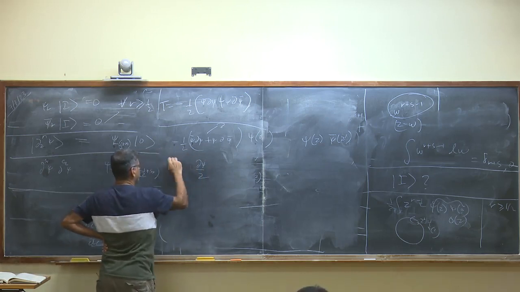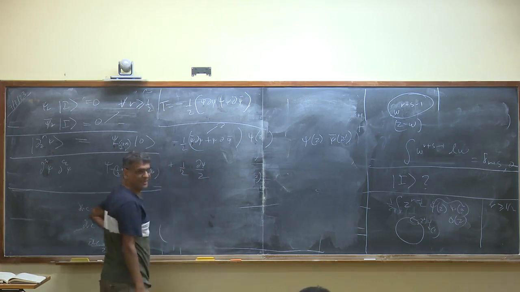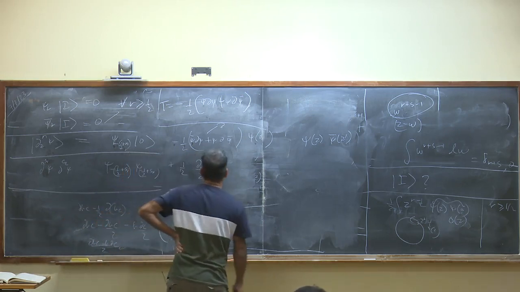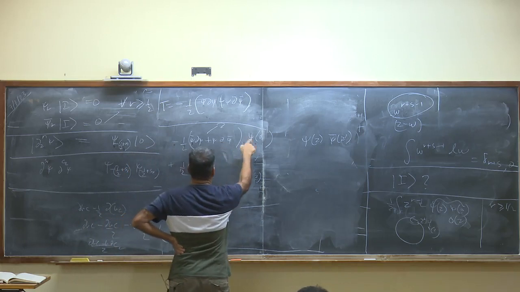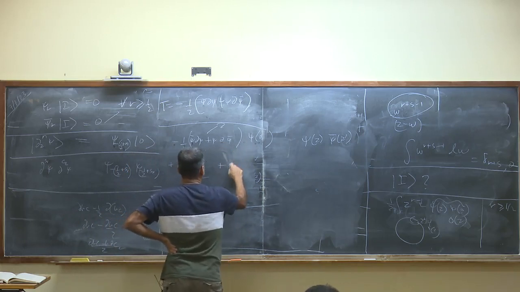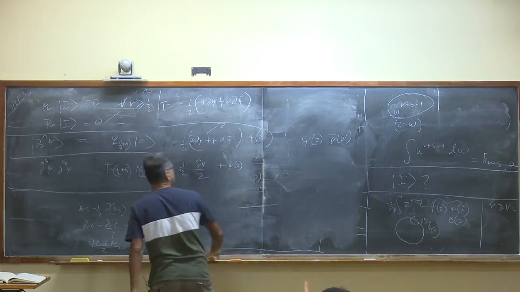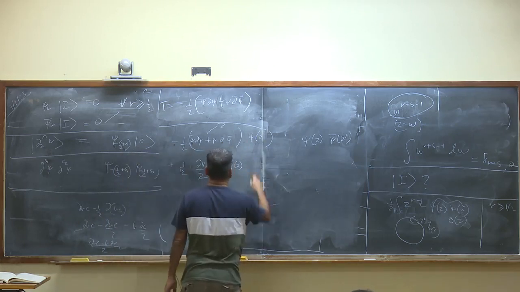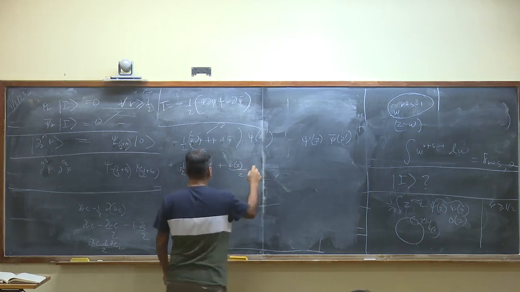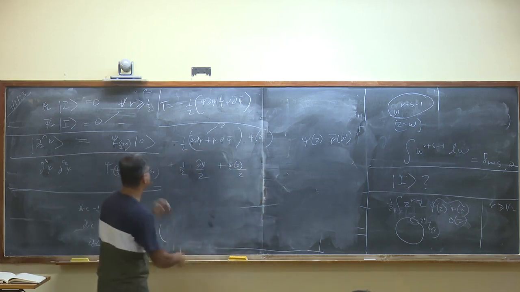So plus half del psi by z. Okay, and this guy contracting with this gives us plus psi of z, and then 1 by z, 1 by z square.